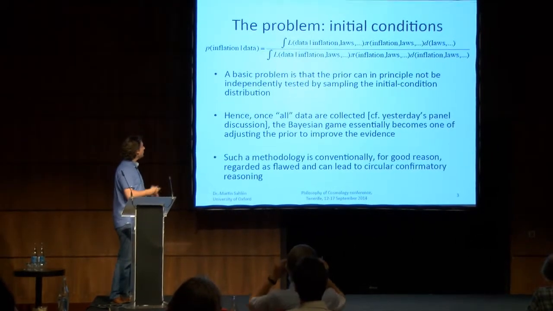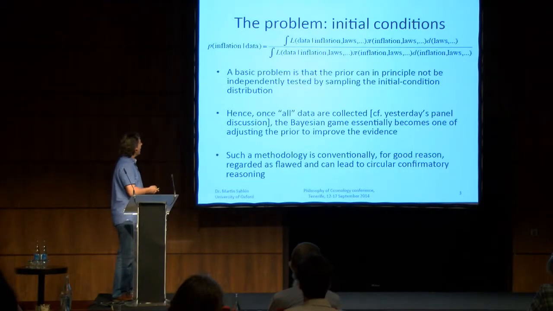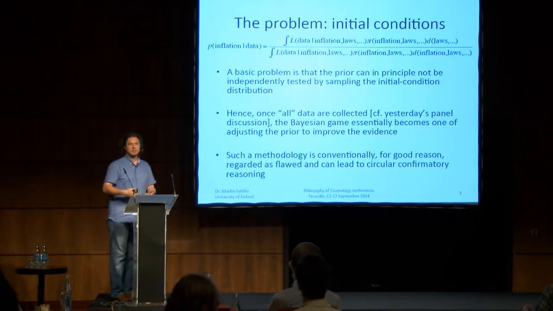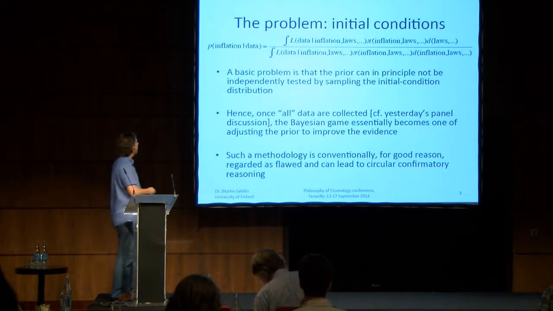The basic problem we have in principle is that prior, whatever that is, is not something we can test in the usual way where we repeat an experiment. It's just the nature of things. We have one universe. How can we do it? We can't confirm it or refine it in the usual way.